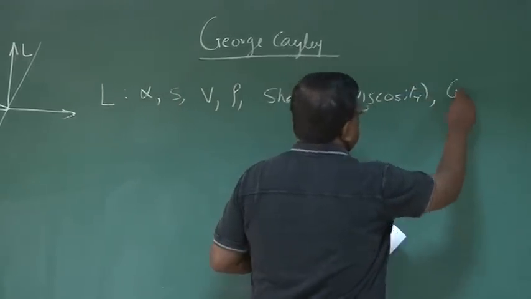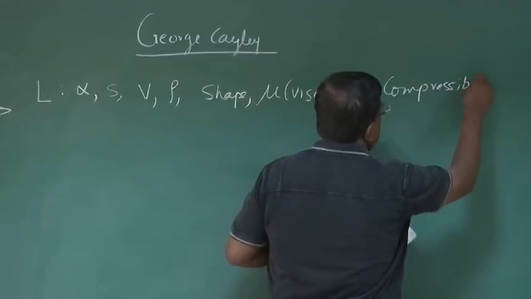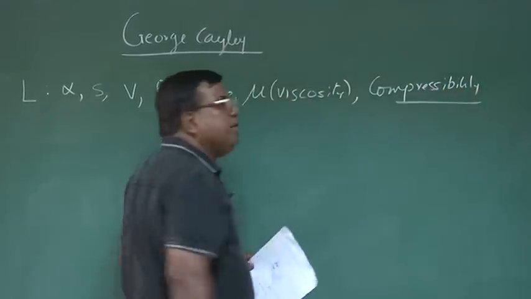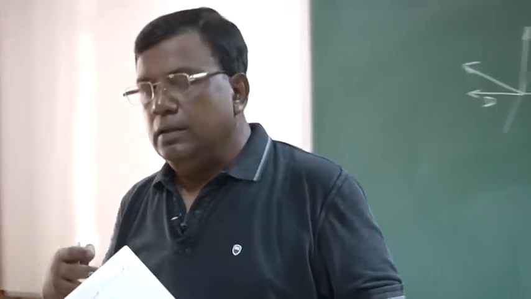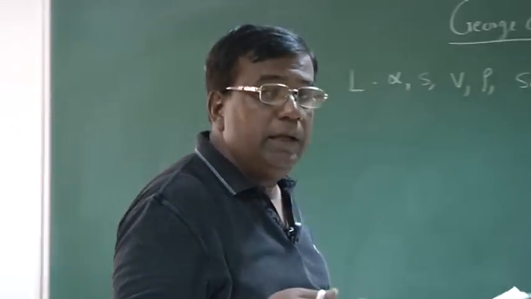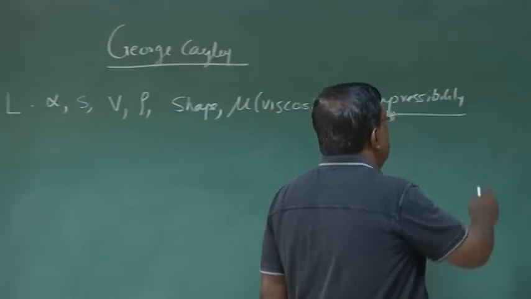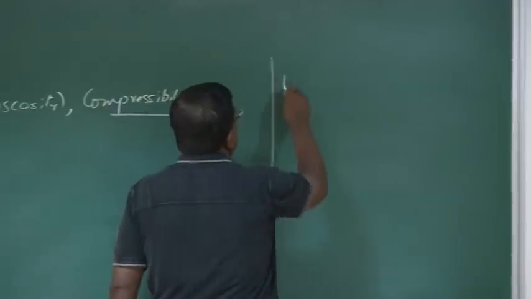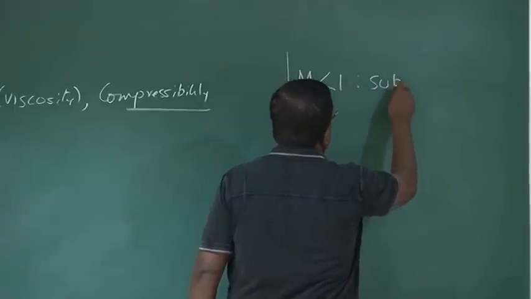and I am also writing compressibility, because air is compressible. If the vehicle moves a little faster, then the air particles get compressed, and accordingly we have defined three types of flow. Remember, if the Mach number is less than one, we call it subsonic flow.